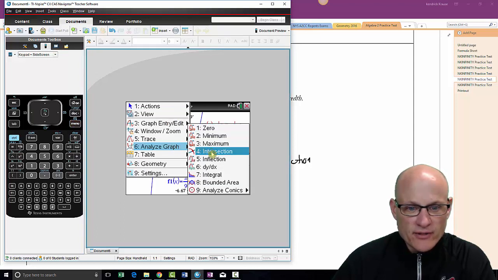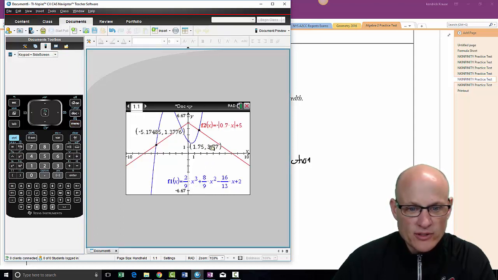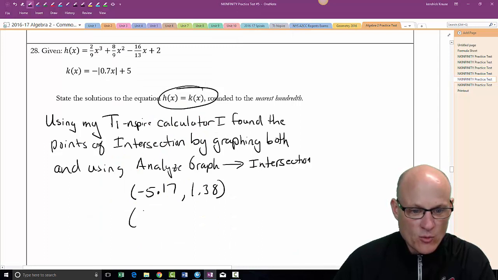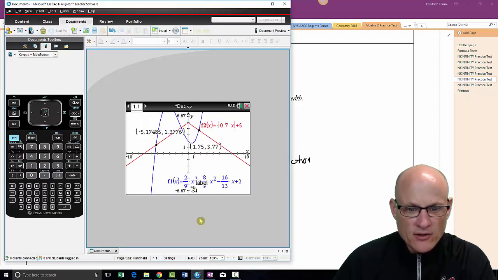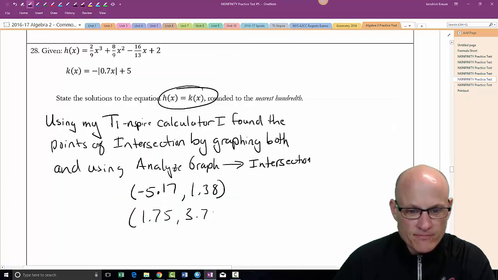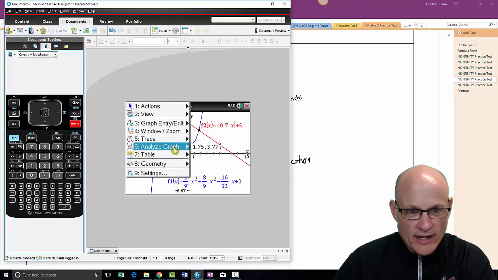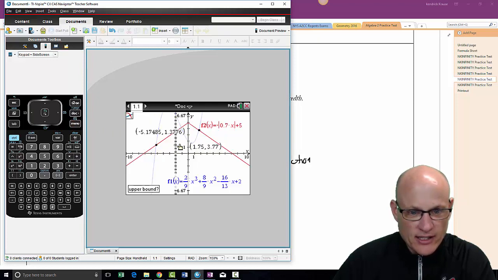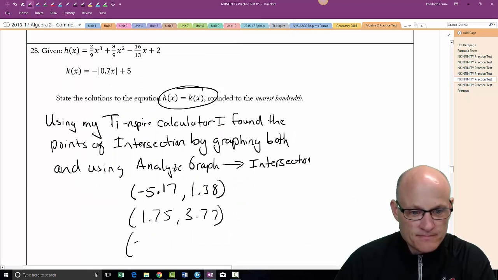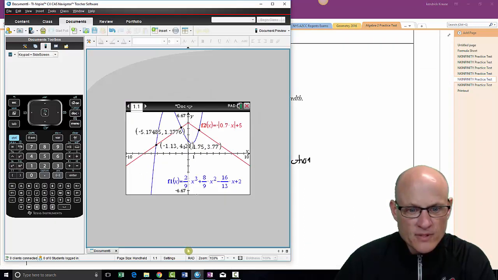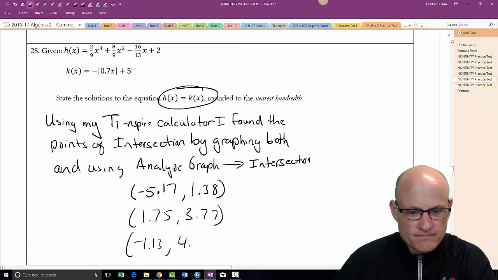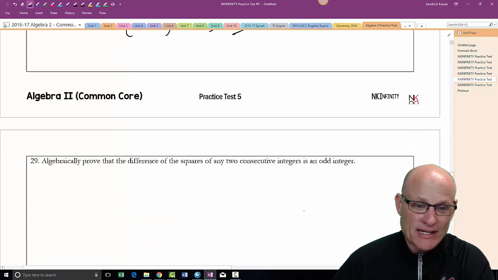Menu, analyze graph, intersection, click, click. 3.75, 3.77. And wait a second, there's another one. Analyze graph, intersection, click, click. There it is: negative 1.13, 4.21. Three points of intersection. But I had to tell him I was using my calculator.